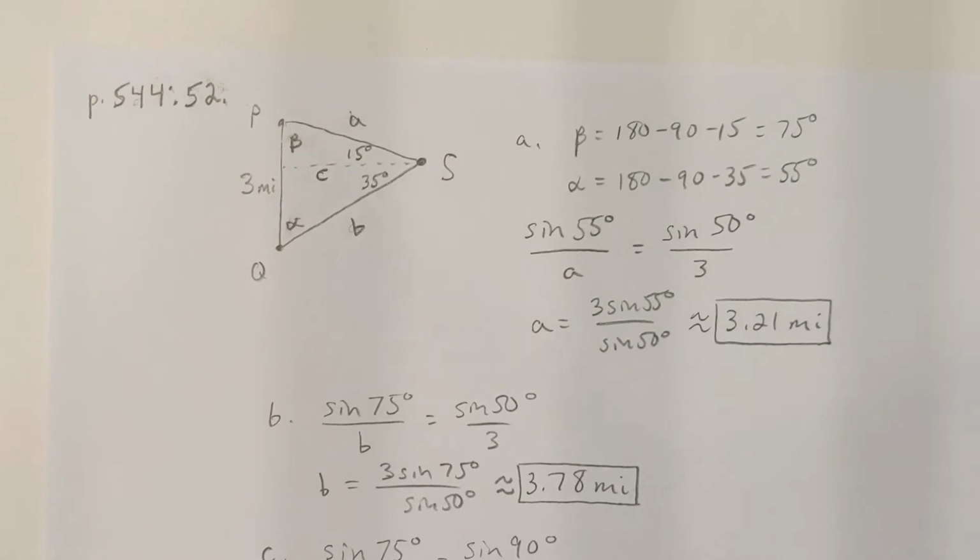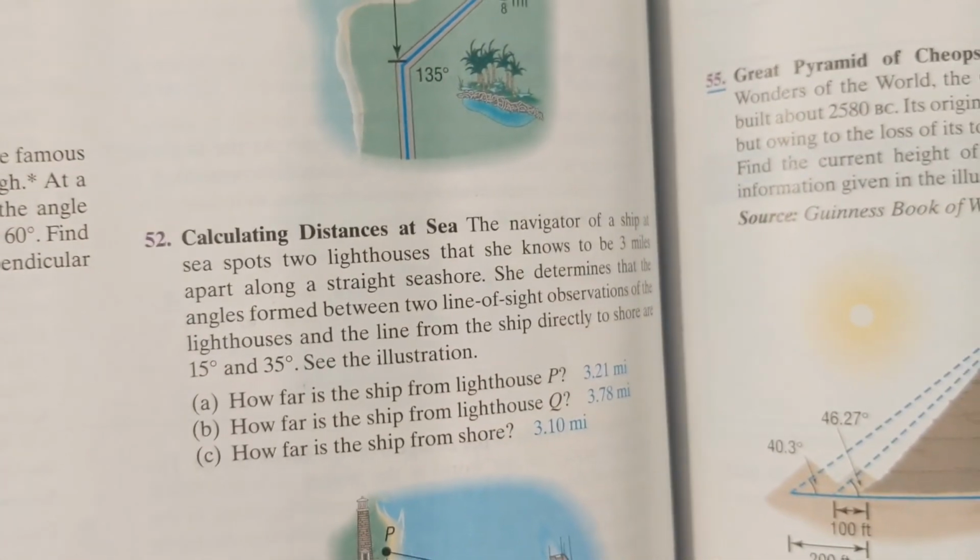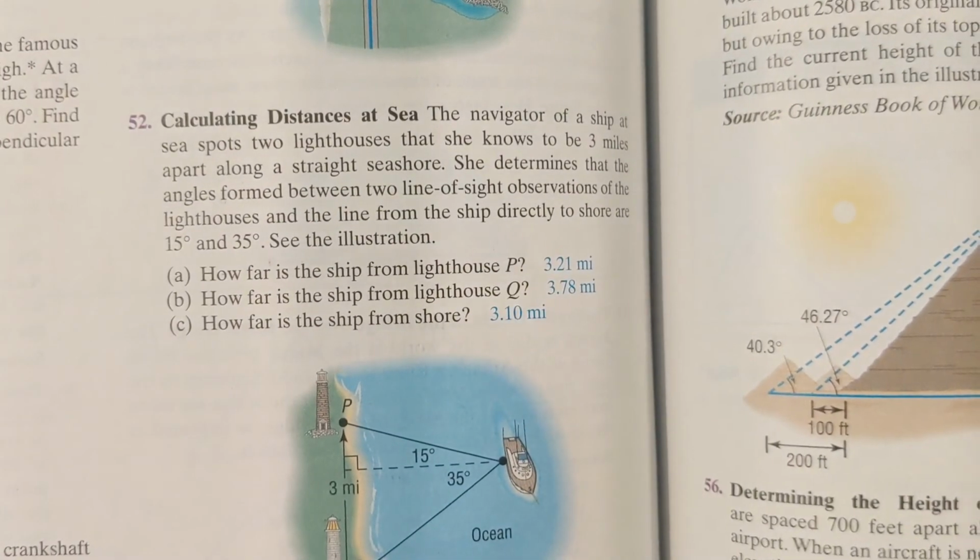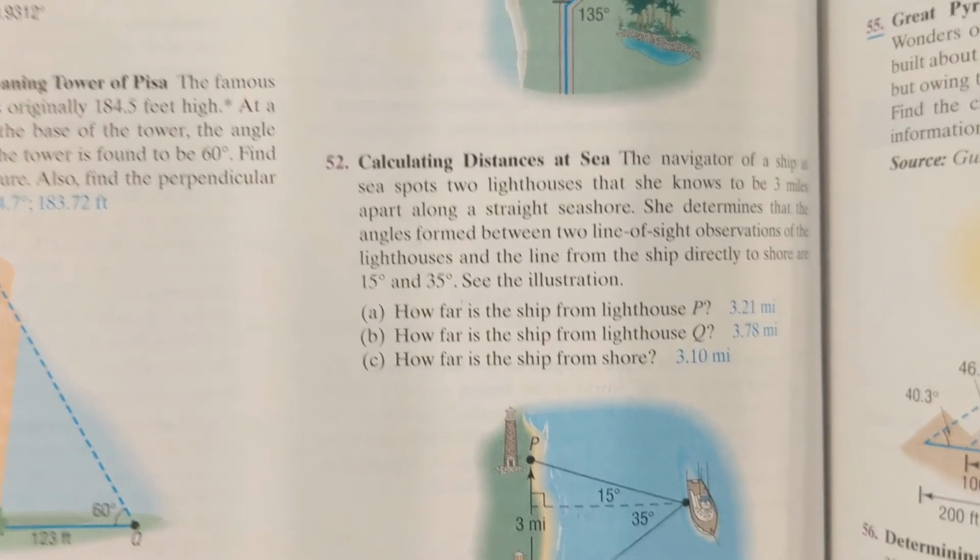I had one more problem I was going to do in the book on page 554. It's a good application problem of the law of sines. And so problem 52 is a problem that we'll look at next here.